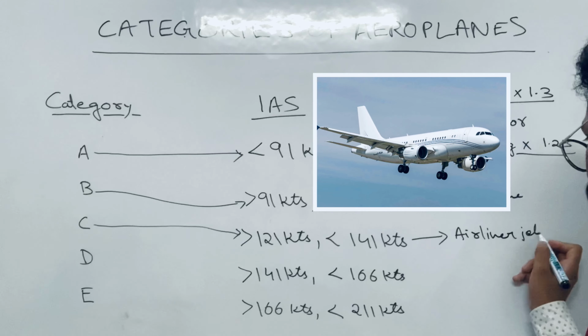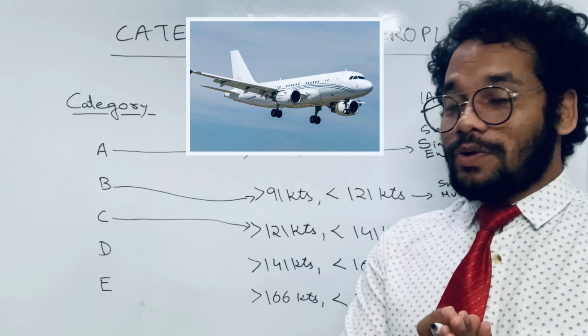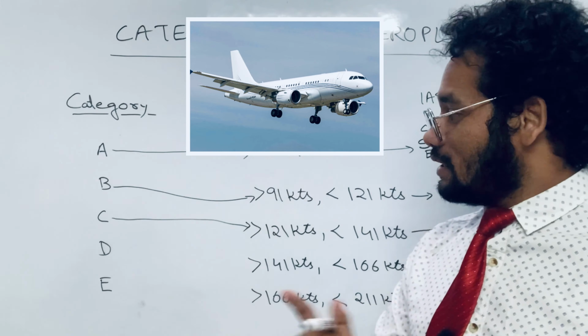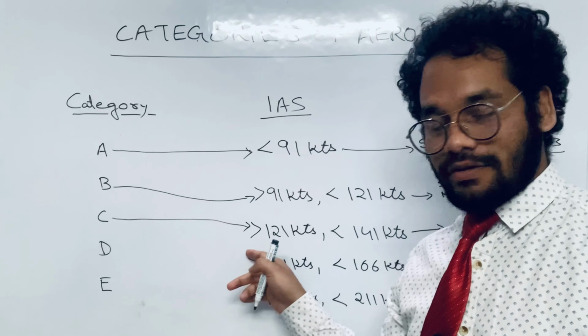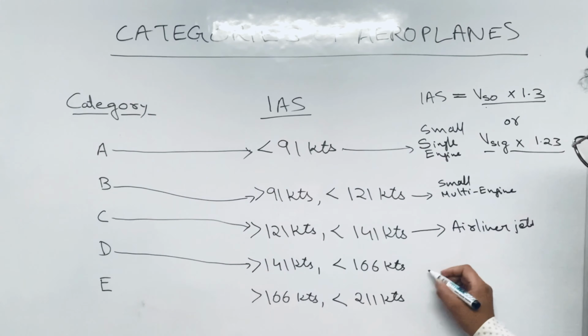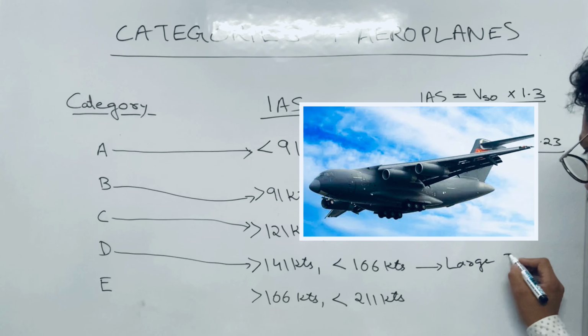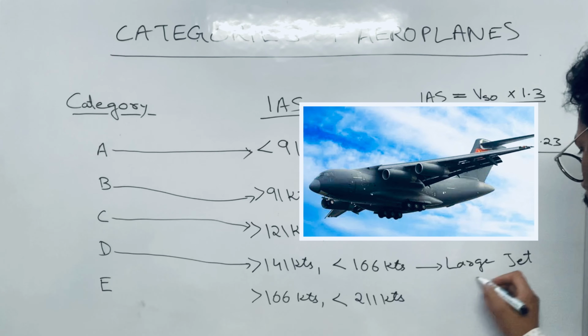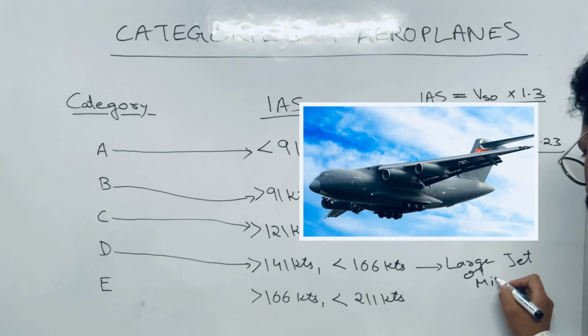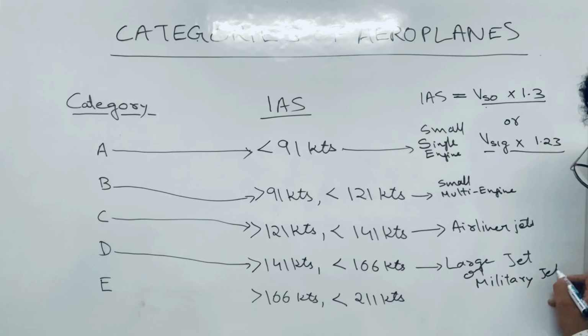Next, category C, these are airliner jets, like Airbus. So friends, if we take Airbus 320 as an example, it is a category C type of aircraft. Next, category D aircraft are large jet aircraft or military jets.